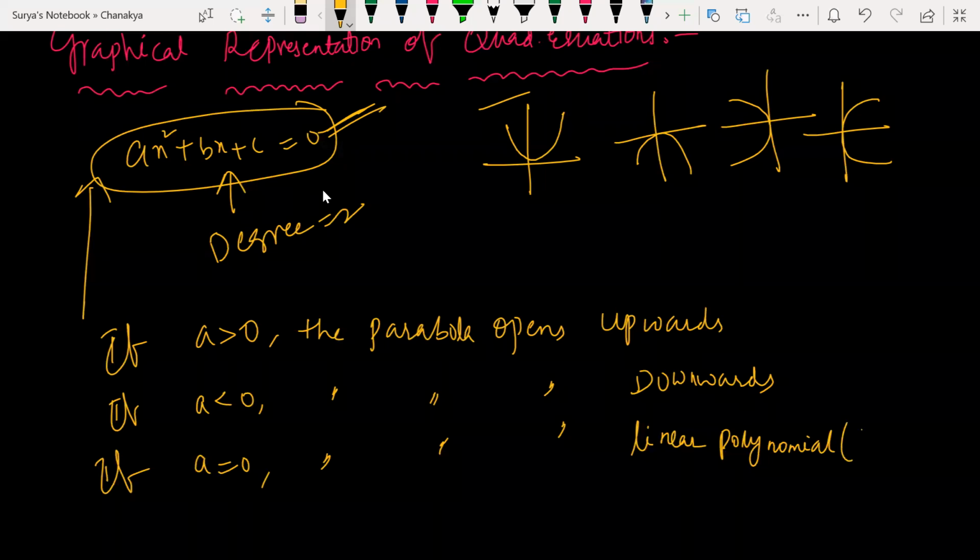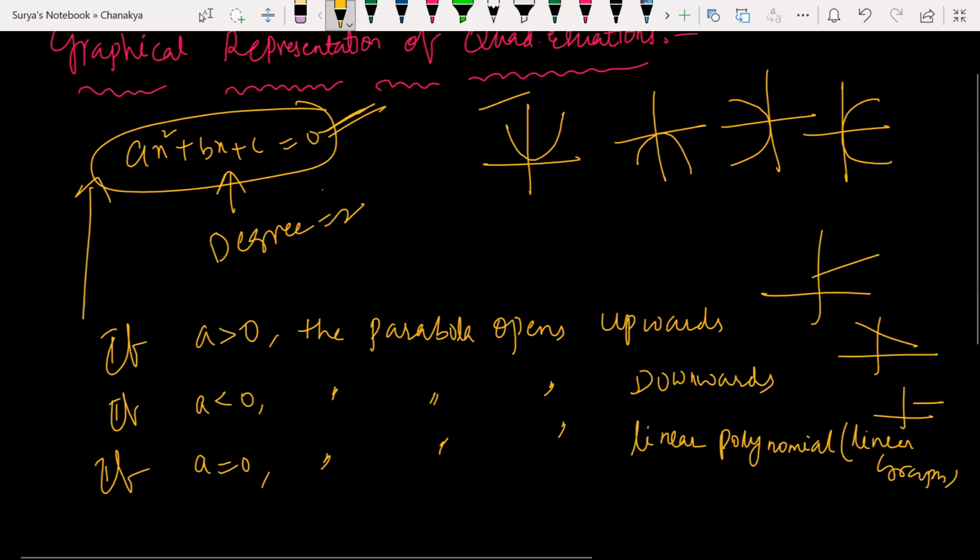And how will the graph be? It will be a straight line. A linear graph, which means the graph will be like this, either like this or like this. Straight line. You won't be having curves.